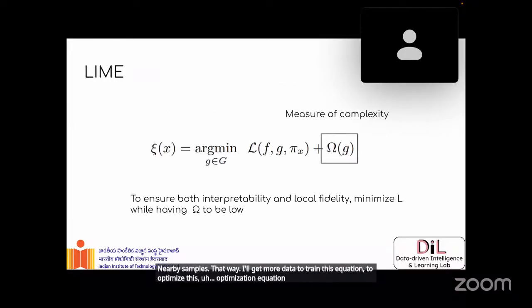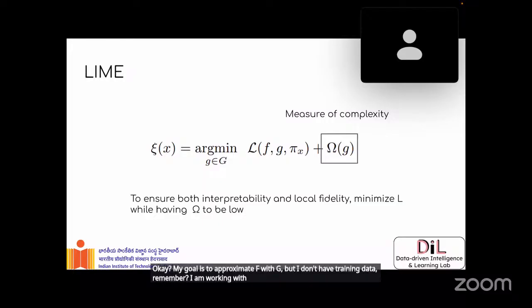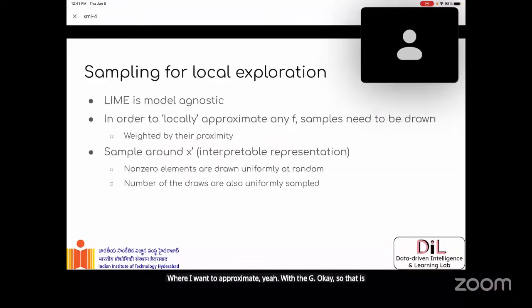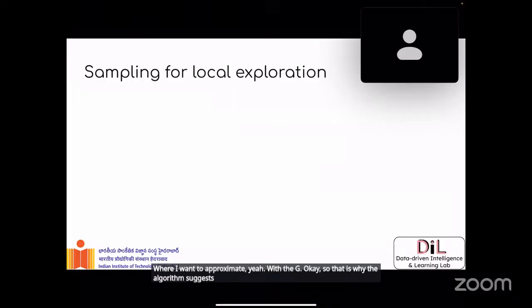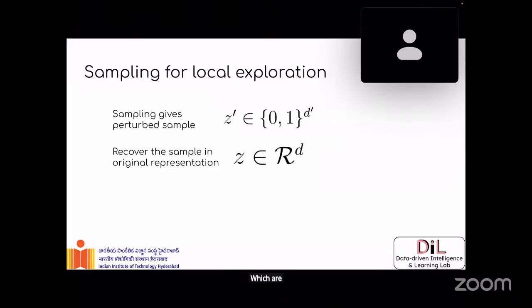My goal is to approximate f with g, but I don't have training data. I am working with only one sample where I want to approximate f with g. That is why the algorithm suggests to sample z prime, which are perturbations to the x prime, perturbations to the BOW that we constructed.